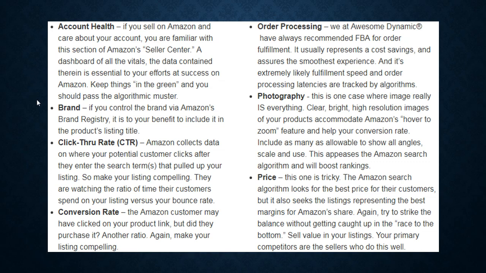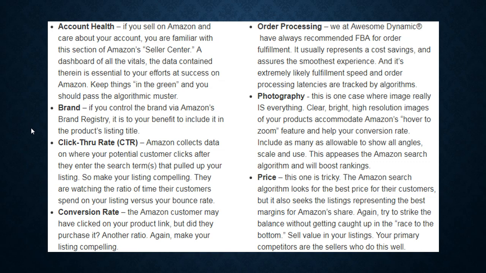Brand. So this is actually, as you can see here, if you control the brand, it is to your benefit to include it in the product's listing title. Now, that's a recommendation, but a lot of merch sellers actually choose not to do that because they're combining the brand text field with the title option to, I guess, make it as specific as possible.